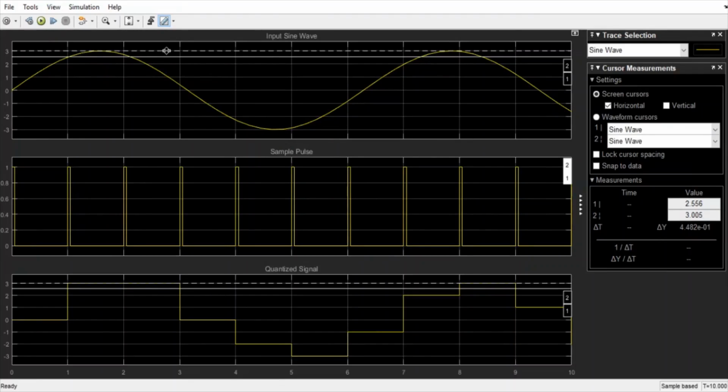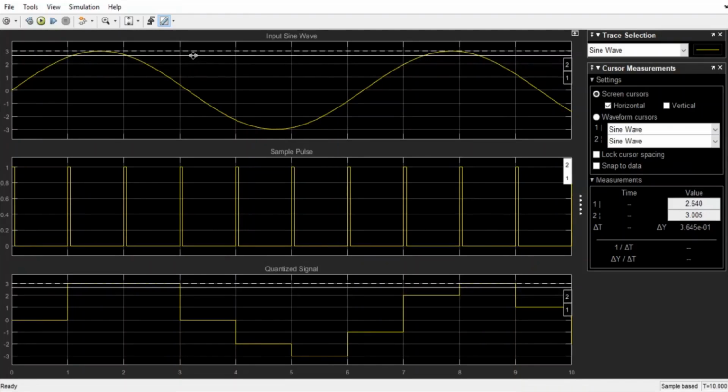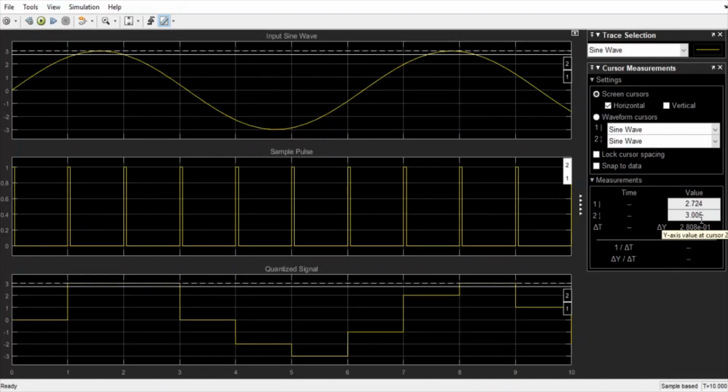For the third pulse, you have to move the first cursor first to get the sine wave value. The value that you get is approximately 2.724. For the quantized signal, it is still the same as before, 3.005, and you just write down the discrete value, which is equal to 3.